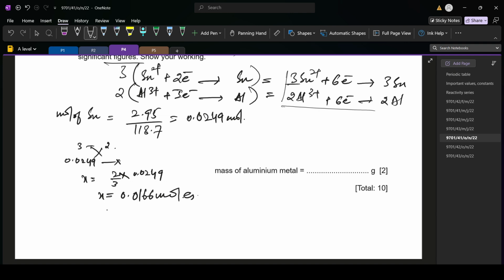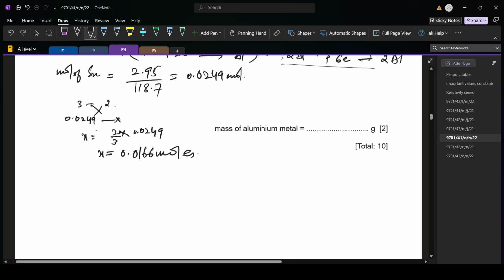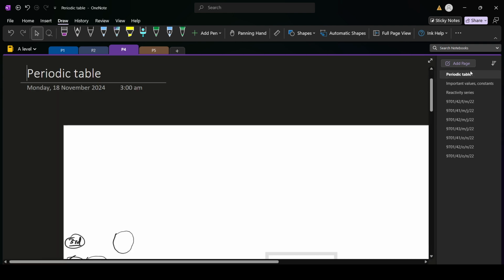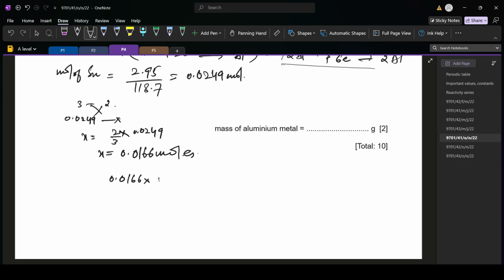Now the moles are calculated. What the question asks you is to calculate the mass of aluminum. Mass is going to be moles multiplied by Mr. So what is the Mr of aluminum? Let's see from this, which is 27.